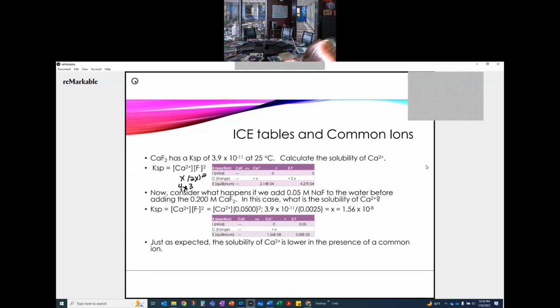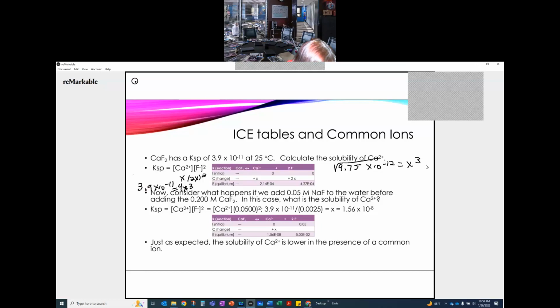I set that equal to 3.9 times 10 to the negative 11th, which is the KSP I was given. Then I divide 3.9 times 10 to the negative 11th by 4, and that gives me 9.75 times 10 to the minus 12th equal to x cubed.